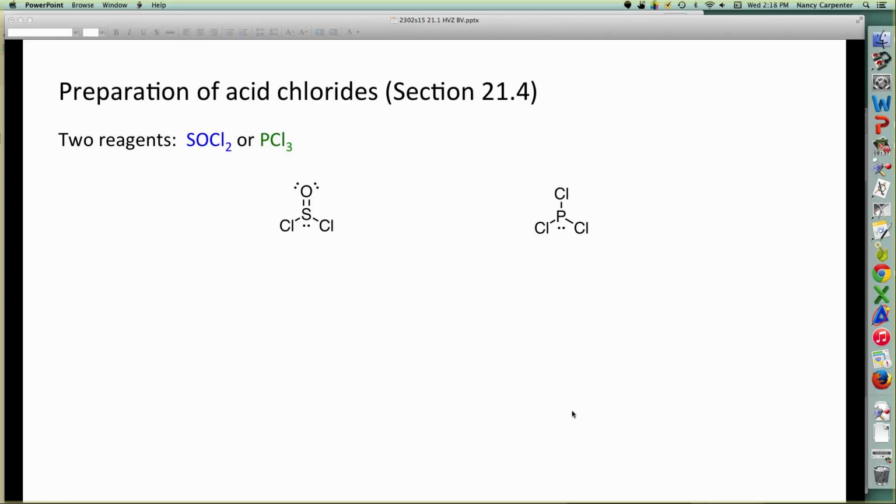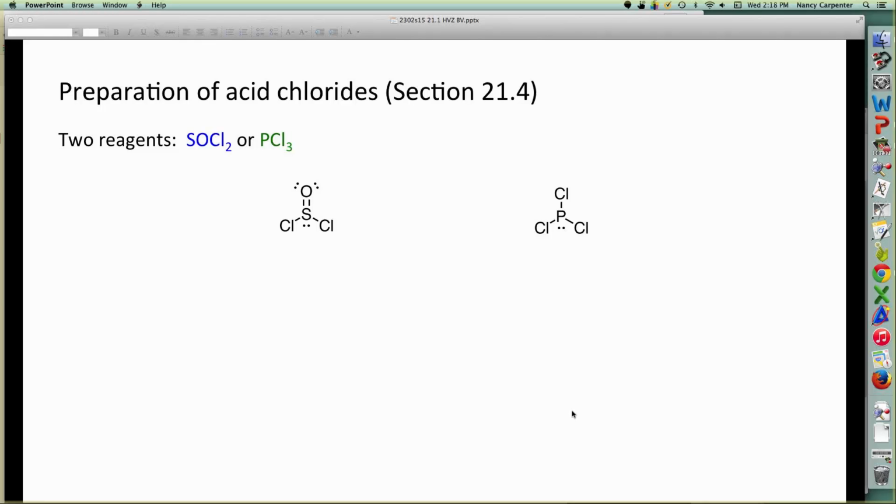Another thing we can look at here is, boom, boom, boom, boom, we have seriously polar bonds from the chlorines attached to the sulfur, and the chlorines attached to the phosphorus. So that too is going to make the sulfur, and in this case the phosphorus, very electrophilic.